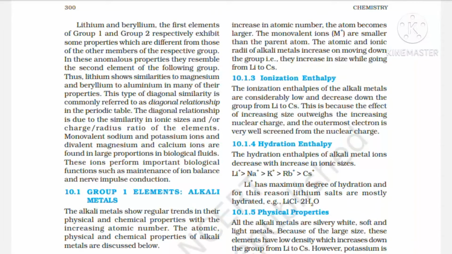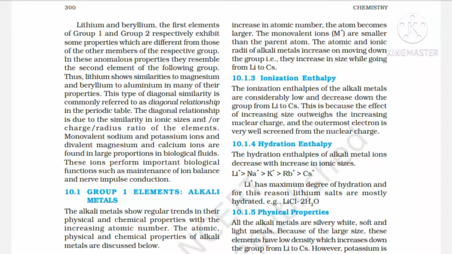Then ionization enthalpy. The ionization enthalpies of the alkali metals are considerably low and decrease down the group. The main point to be noted: ionization enthalpy decreases down the group from lithium to cesium. This is because the effect of increasing size outweighs the increasing nuclear charge, and the outermost electron is well screened from the nuclear charge.